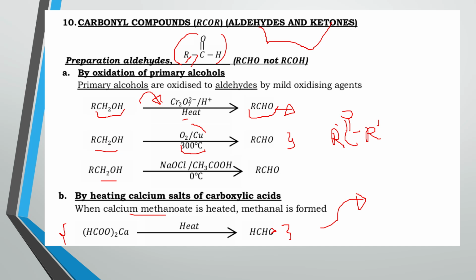What happens is that we get calcium carbonate, and the remaining product is going to be methanal, if at all you have heated calcium methanoate. If you want to finish up this reaction, you add calcium carbonate, and the reaction will be self-balanced.